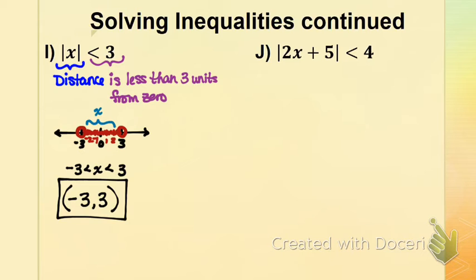So when I've got this shaded, I can see that the -3 is to the left of where x is, so it would have a less than there. And then I know that 3 is on the right side of x, so x would have to be the smaller thing. Okay. Does that make sense?